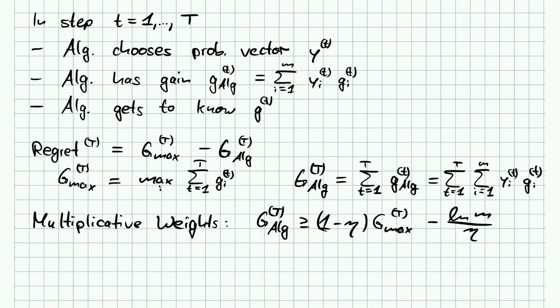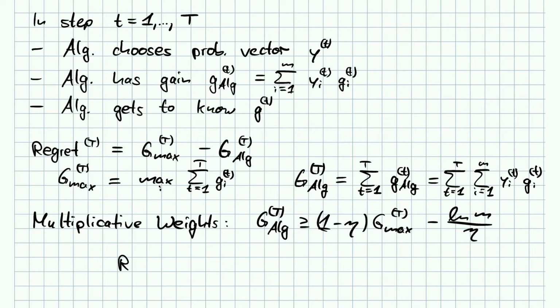So this looks a tiny bit different than the bounds that we had before, because there we had that the cost of our algorithm was at most (1 plus eta) times the cost of the best action, or best expert, plus this thing. But other than that, every sign here is turned around, everything still is the same.